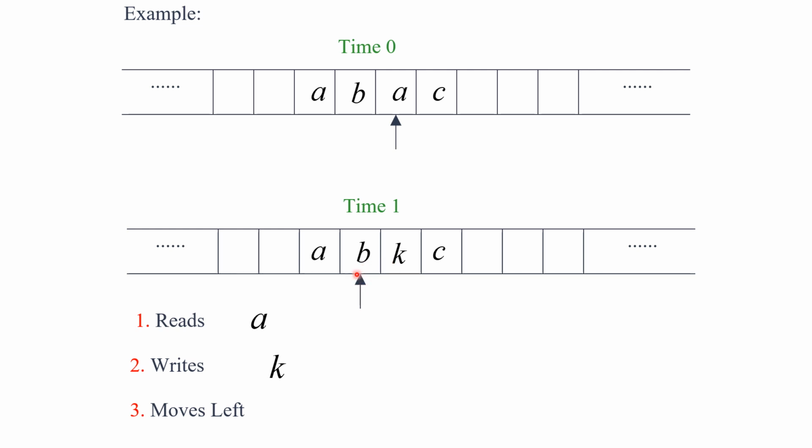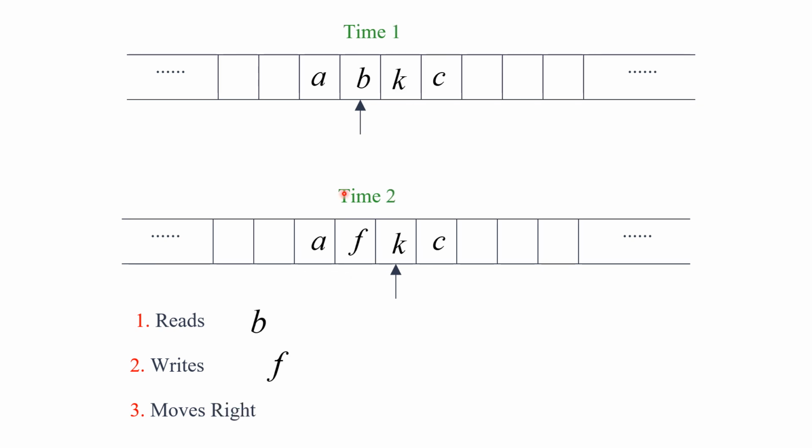Now the read-write head is on the left-hand side, where the symbol is B. The second time, it reads B, puts F in the place of B, and moves to the right.